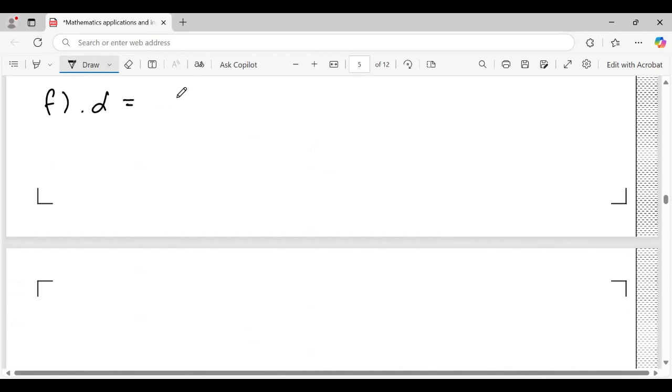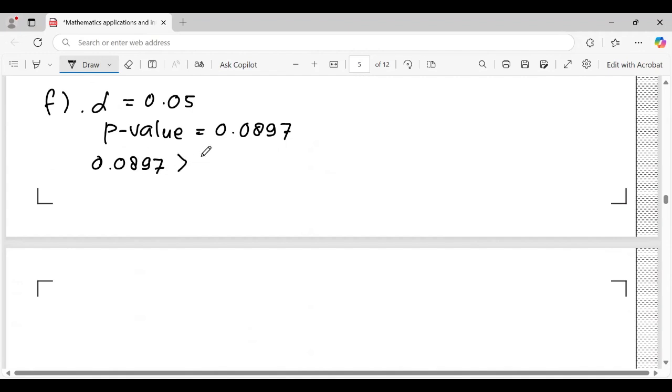Alpha, or significance level, is 0.05 and the p-value given is 0.0897. So if we compare the significance level and the p-value, 0.0897 is greater than 0.05, or p-value greater than significance level.